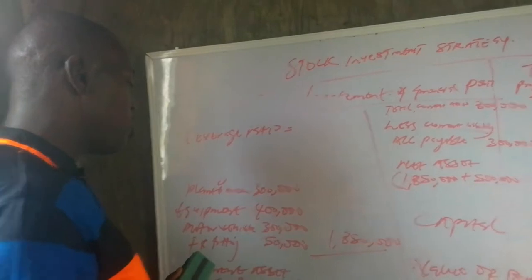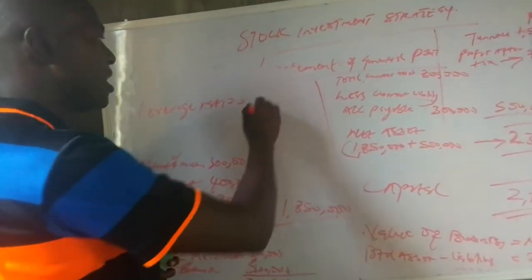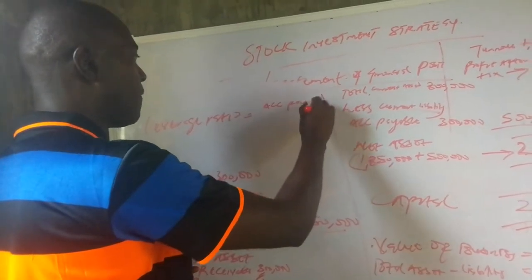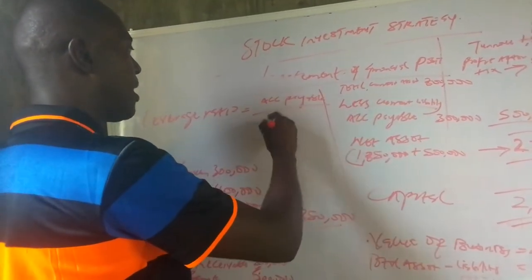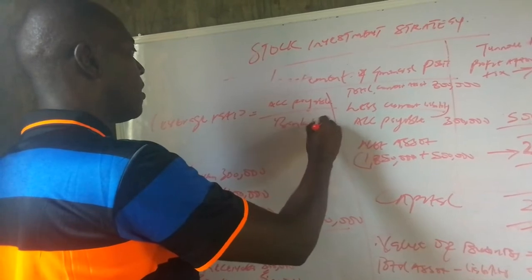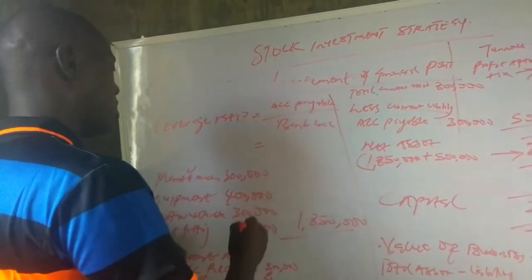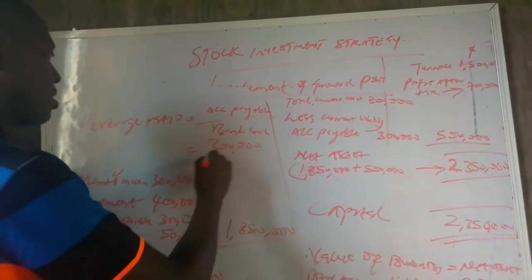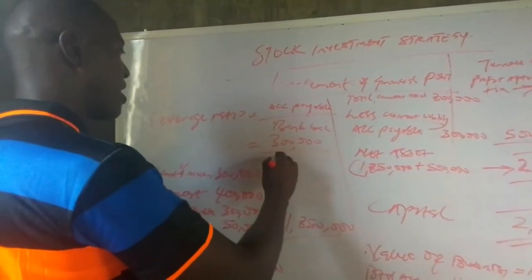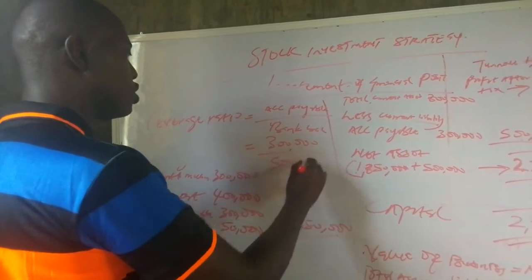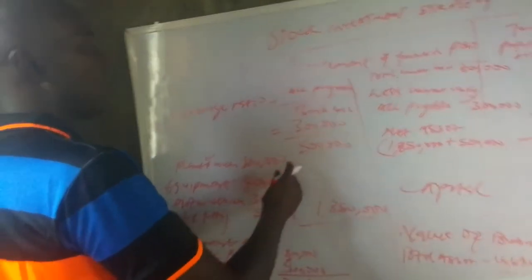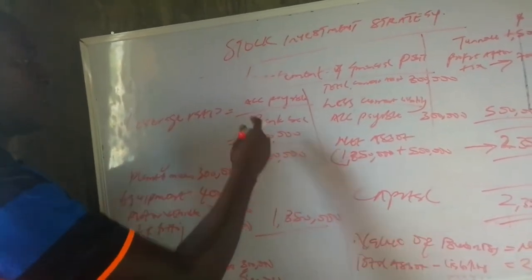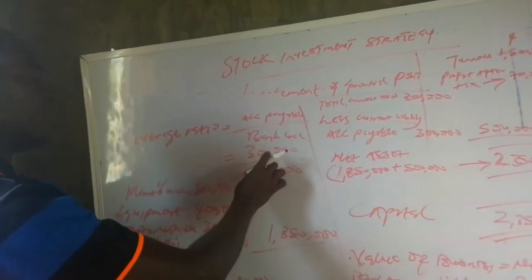Here in this case, we have the debt, account payable, as 300,000, and the bank balance at 500,000. So the bank can cover this up to twice. So that means they are still in order.